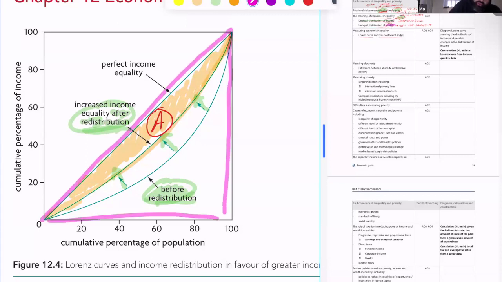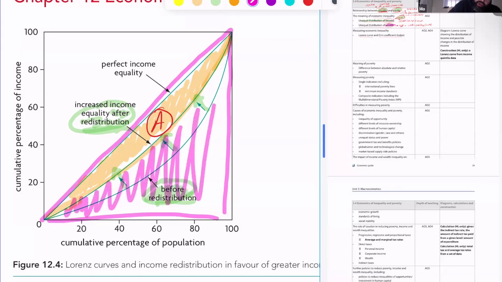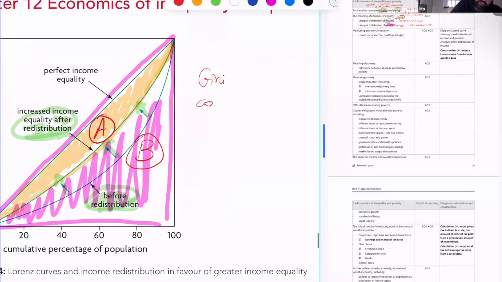So if we call this area B, the Gini coefficient or index is basically area A, which is between the line of absolute equality and the Lorenz curve, divided by area A plus B, which is both areas, the total triangle under the line of absolute equality.